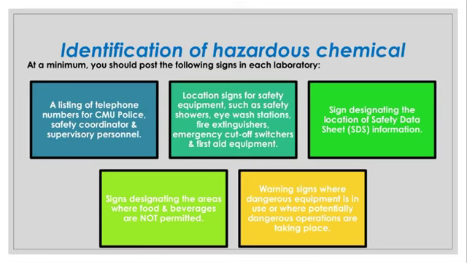Third, a sign designating the location of safety data sheet information. Fourth, a sign designating the areas where food and beverages are not permitted. Fifth, a warning sign where dangerous equipment is in use or where potentially dangerous operations are taking place.